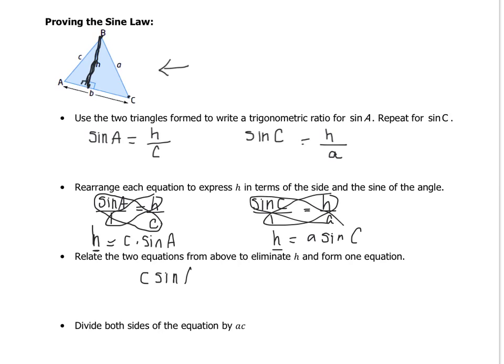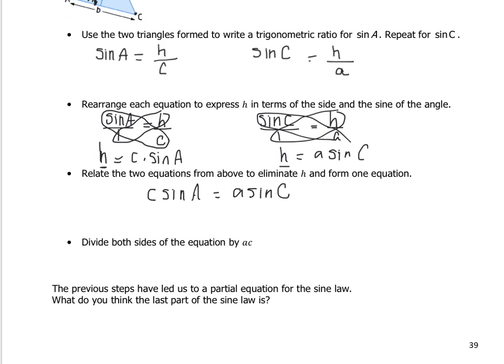So C sine A should equal A sine C. And if we take that equation now and divide both sides of the equation by AC, C sine A over AC equal A sine C over AC, what happens is that the C cancels in the first one and the A cancels in the second one, and that gives you sine A over side A equals sine C over side C.